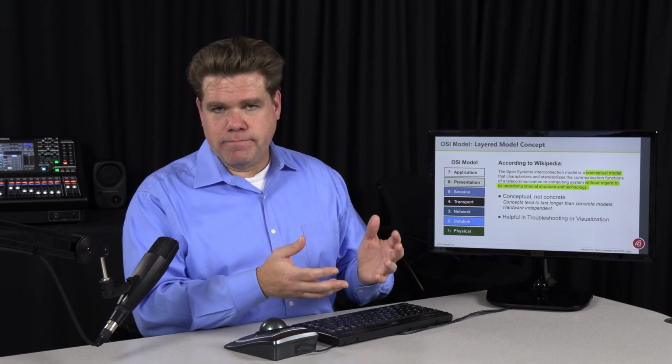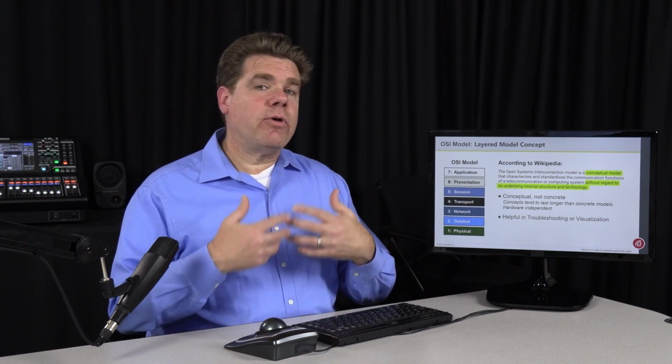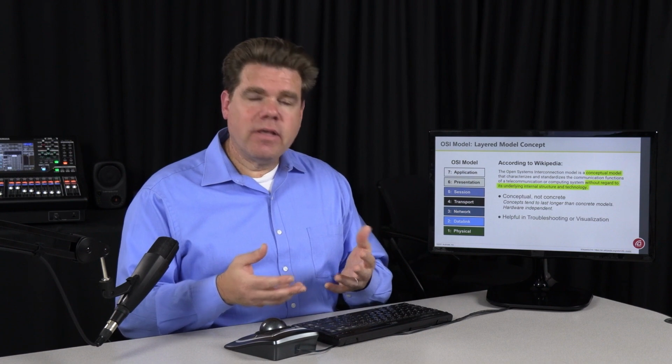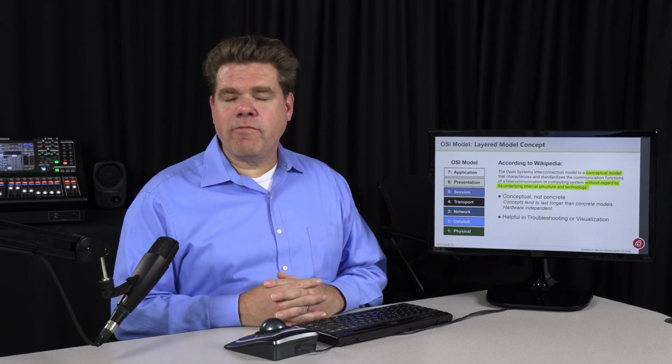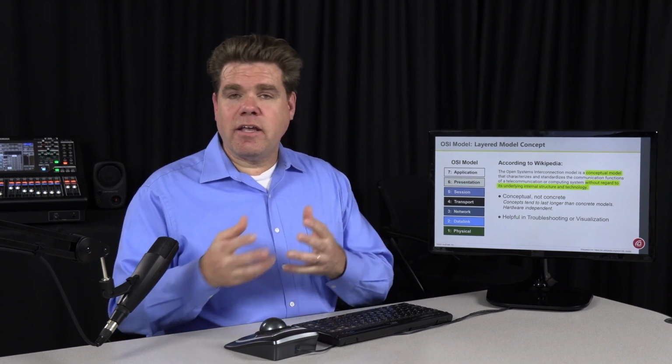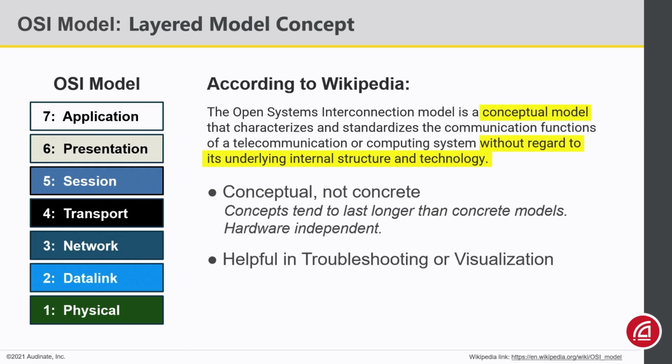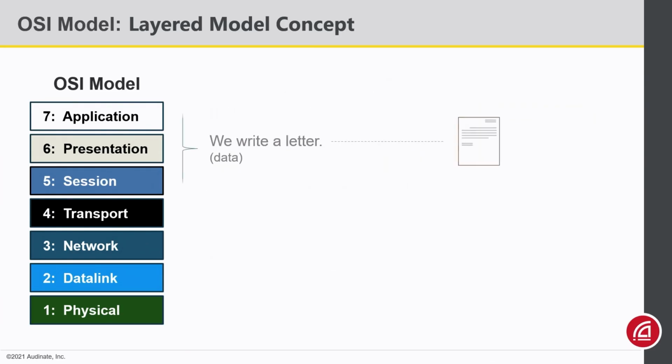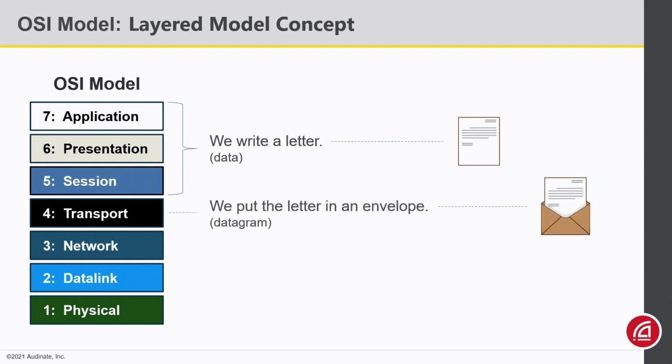Now, just to see how we would apply the OSI model, let's use it to describe a familiar process of writing and mailing a letter. You start by writing a letter. Well, that's a combination of the top 3 layers. In the OSI model, that might be a combination of Microsoft Word, the Windows OS, that sort of thing. Eventually, that letter represents your data, and you put it in an envelope.